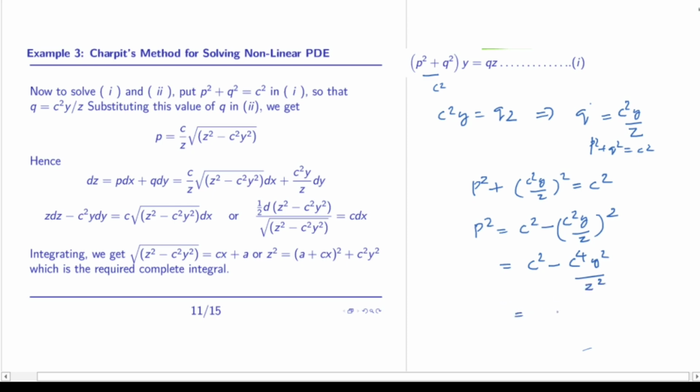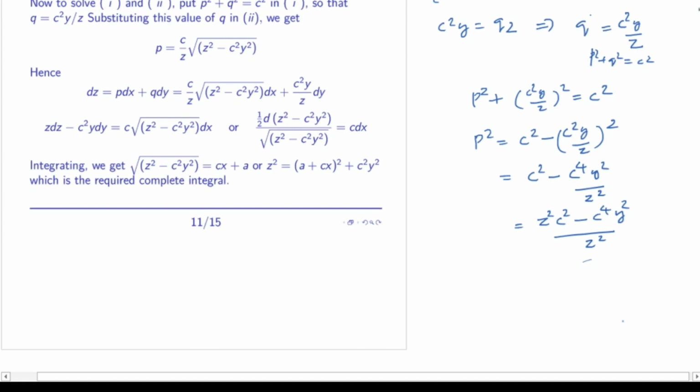So now you can take c square also outside, c square into z square minus c square y square divided by z square, which is equal to p square.